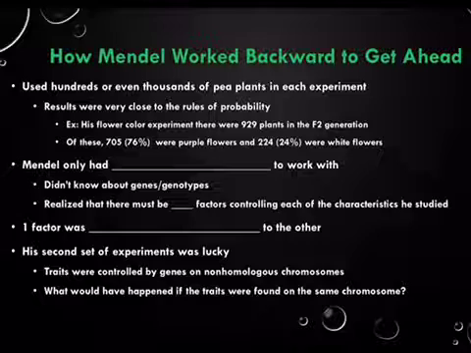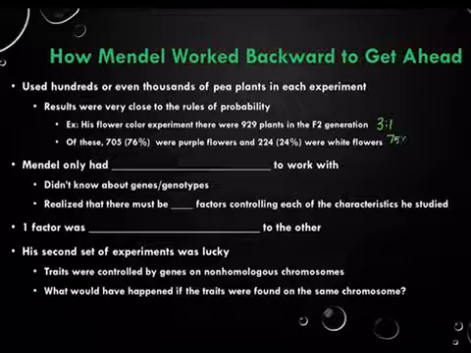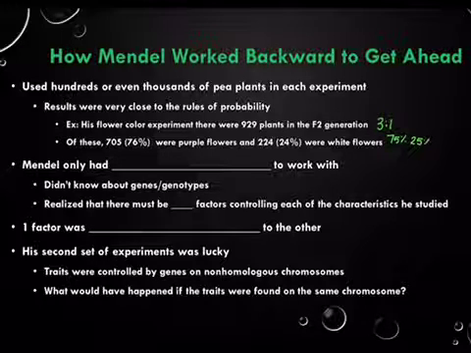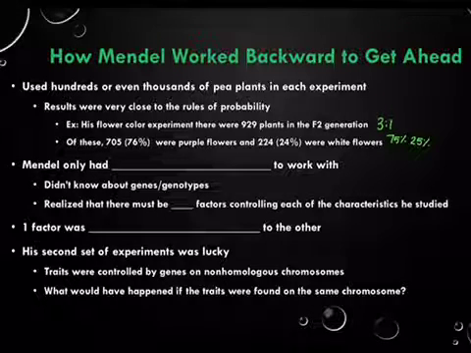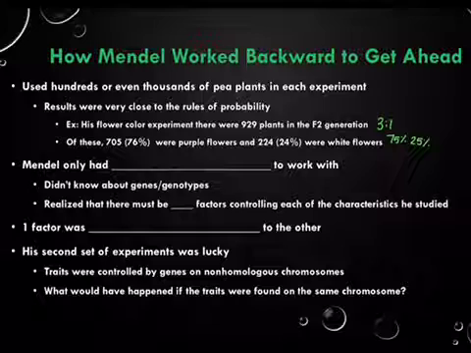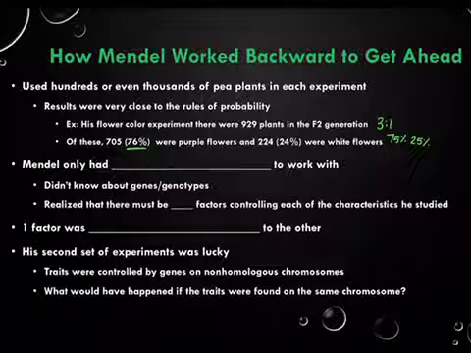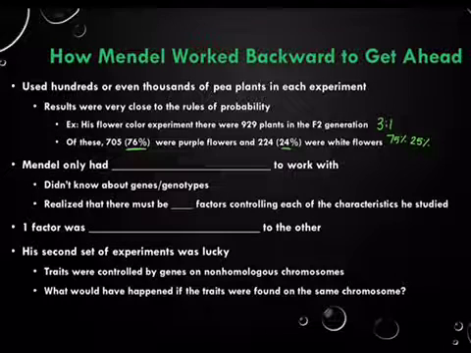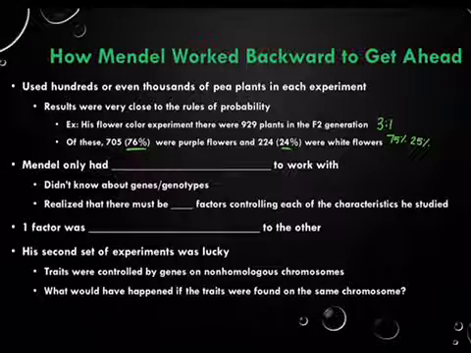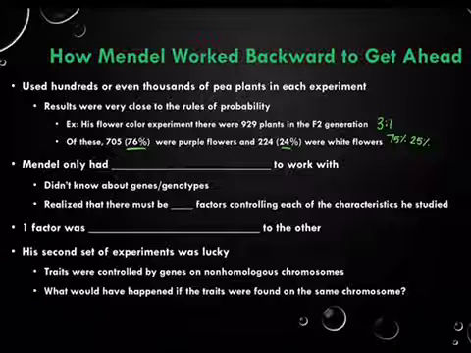And remember, that generation is where we're going to have the 3-to-1 ratio, or 75% purple and 25% white flowers. And so of those 929 plants, 705 were purple and 224 were white. And so that's really, really close, as you can see, to that 75 to 25%.